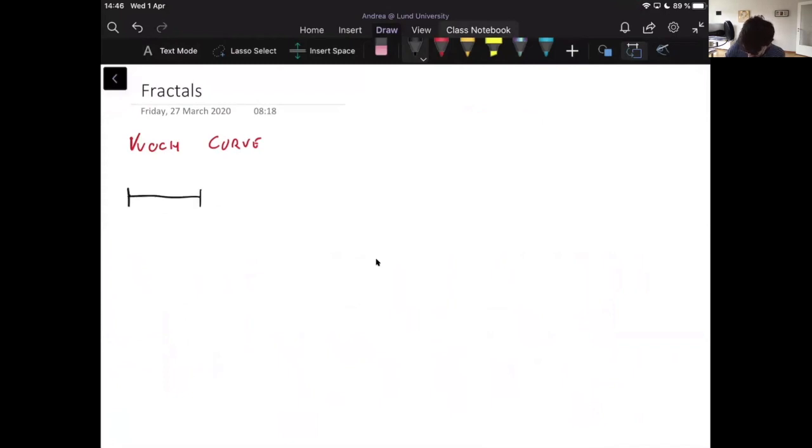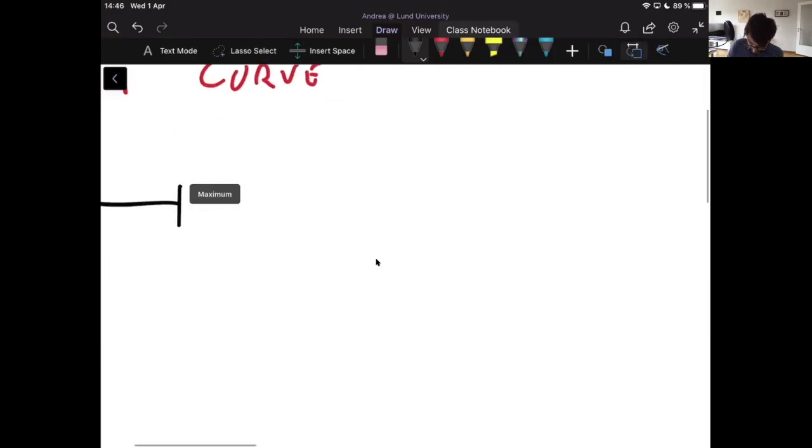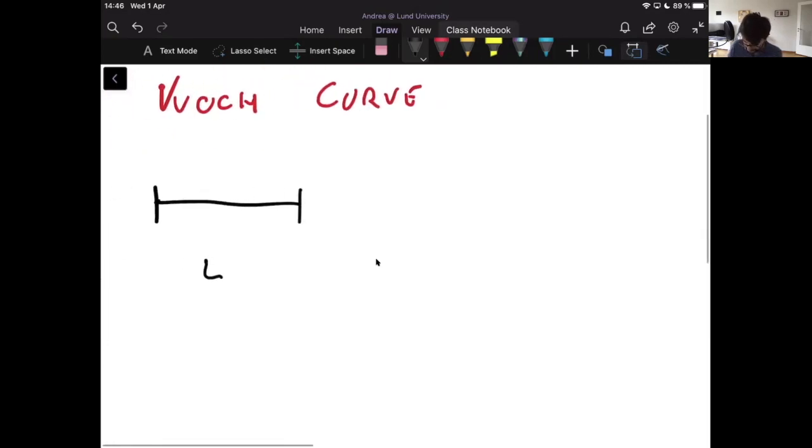So you have this length like this. Okay, then you divide it in 3 parts. So you take the same length and you divide it in 3 equal parts.